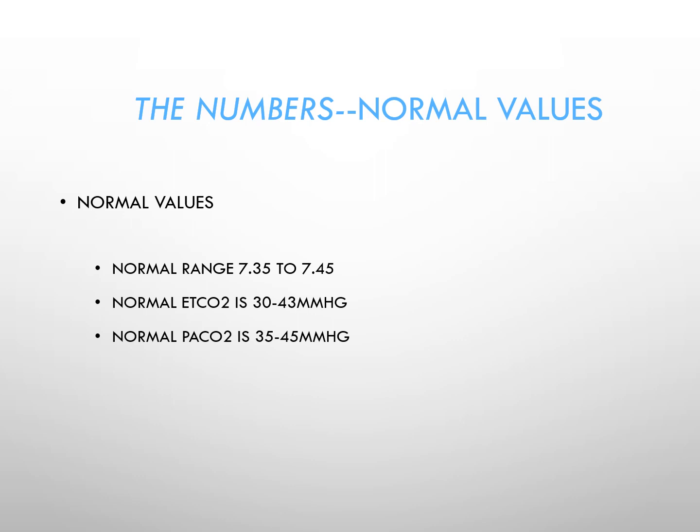At the lower end, an end-tidal CO2 of 30 correlates with a PaCO2 of 35. On the upper end of the scale, the difference narrows, with the end-tidal of 43 correlating to a PaCO2 of 45, so that difference is only 2. It narrows from 5 at the low end of the scale to 2 at the upper end.